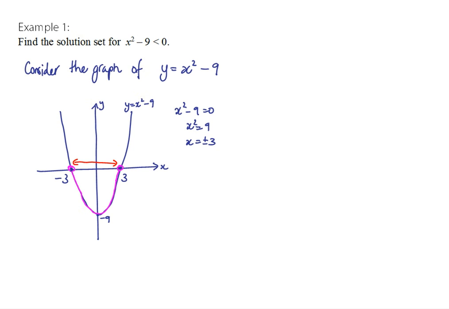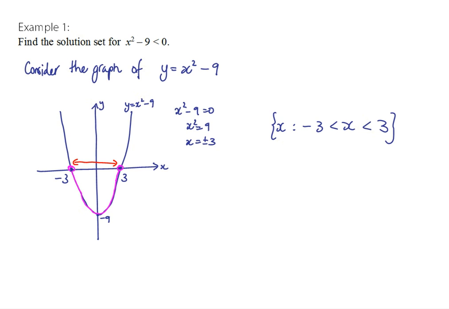So this parabola, or this quadratic, will be negative. So the solution is negative 3 less than x less than 3. Technically, using set notation, it is the set of x values such that x is between negative 3 and 3.